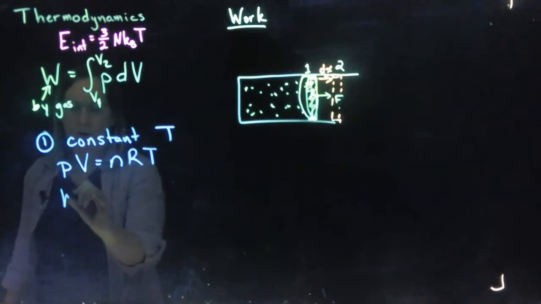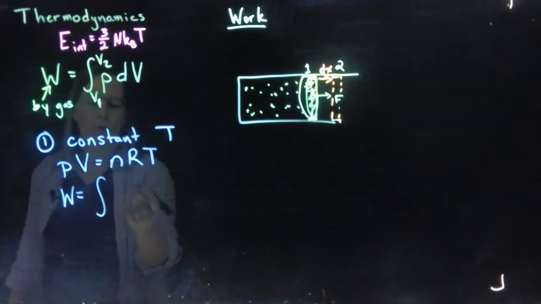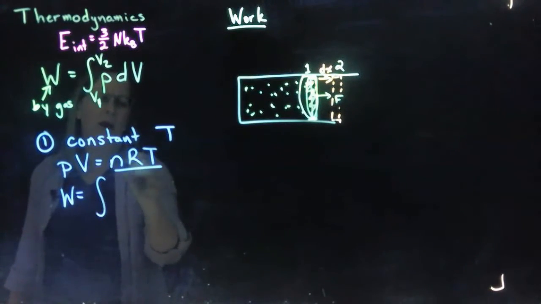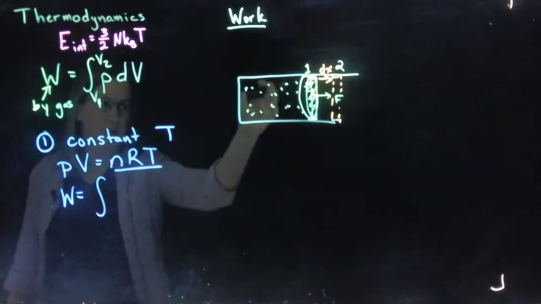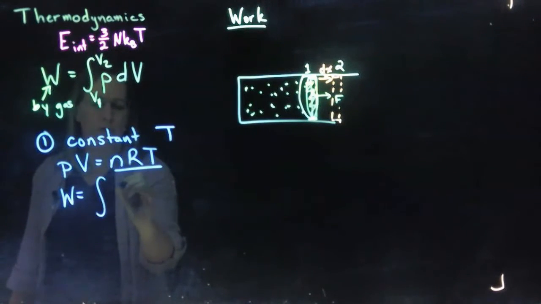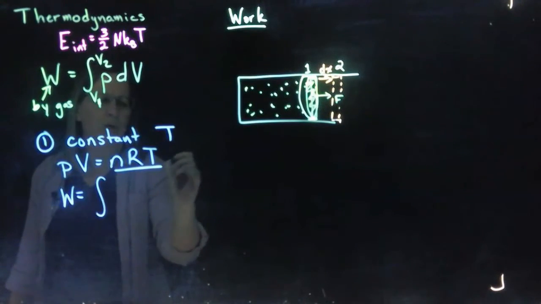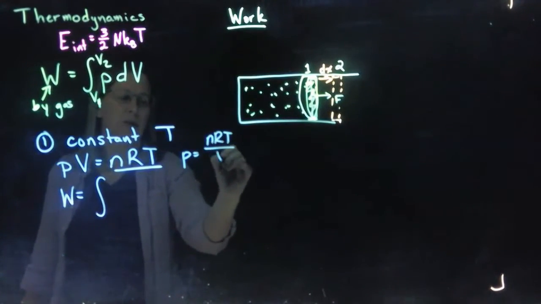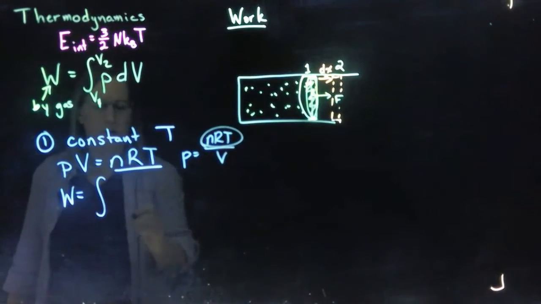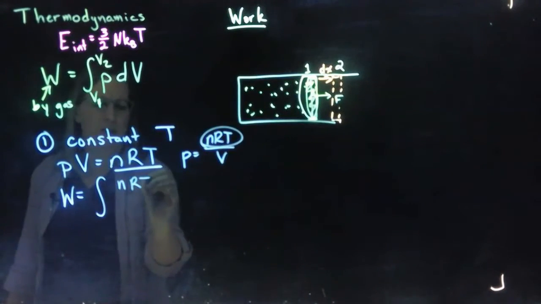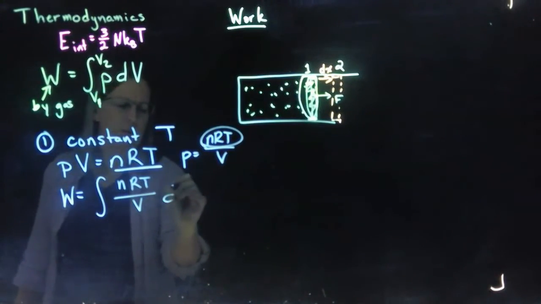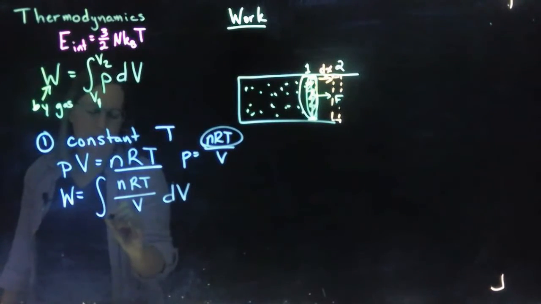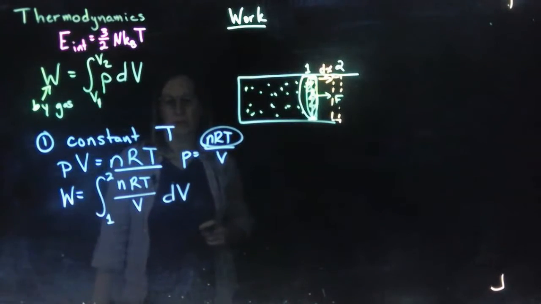Then the work is equal to, if we've got constant T, and the number of particles is constant because we've trapped them in there, then that whole thing is constant, and I can rewrite my P as nRT, which is a constant, over V, right? So it would be the integral of nRT over V dV from this point 1 to point 2 that we're interested in.